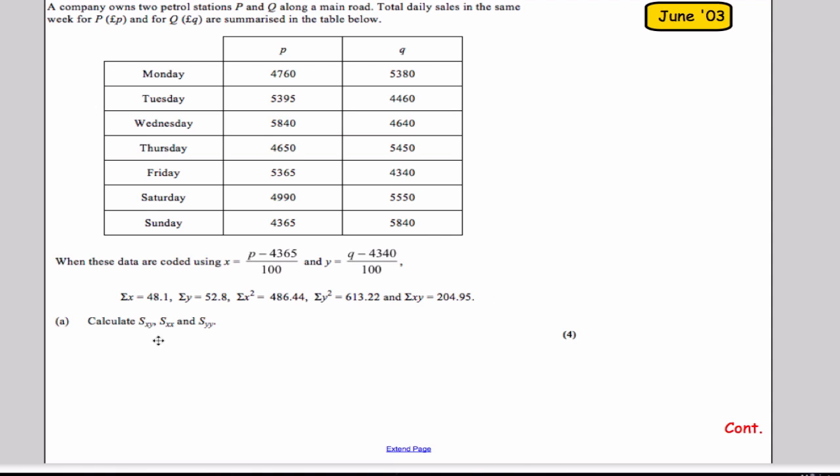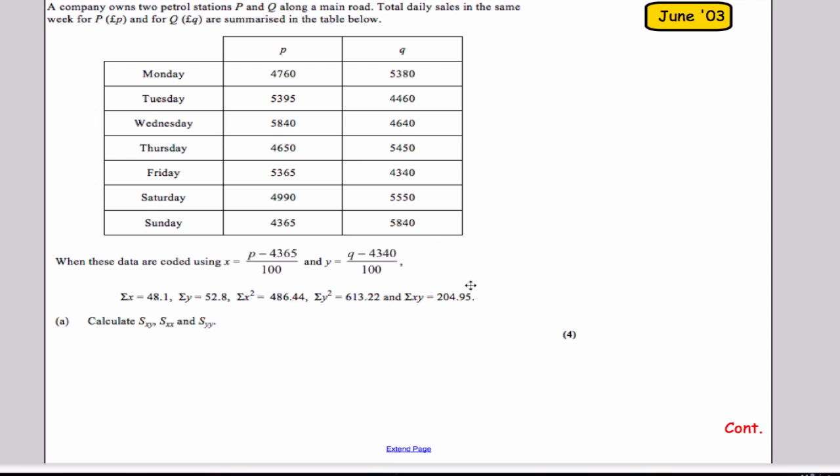We're asked to calculate SXY and SXX and SYY. Okay, so this is a little bit like the last question. Actually, we don't even need to calculate. We don't need to uncode or code all this data because it's already done for us. We're given the summary statistics, so it should be fairly straightforward.